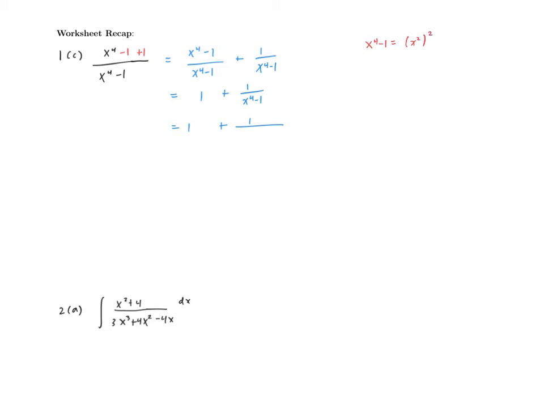It's x squared minus 1 times x squared plus 1. x squared plus 1 is an irreducible quadratic, whereas x squared minus 1 is also a difference of squares. So x minus 1, x plus 1 times x squared plus 1.